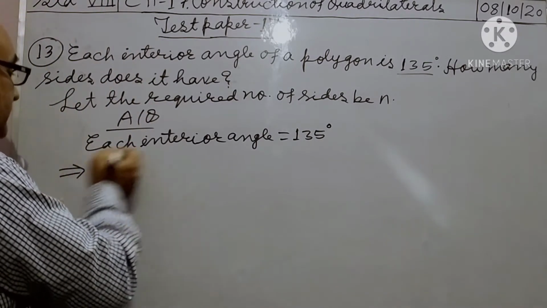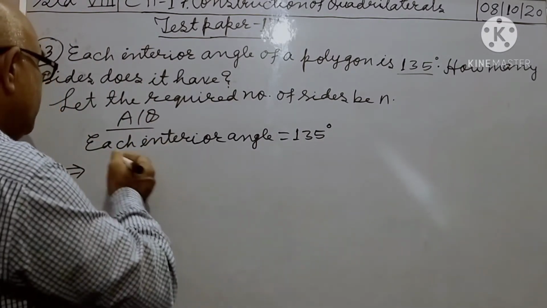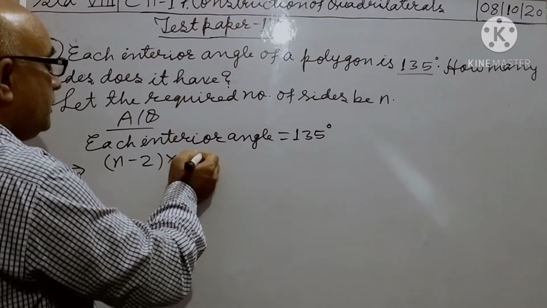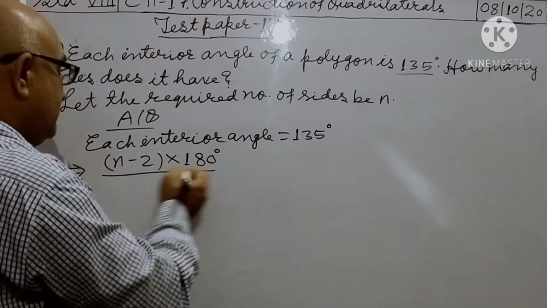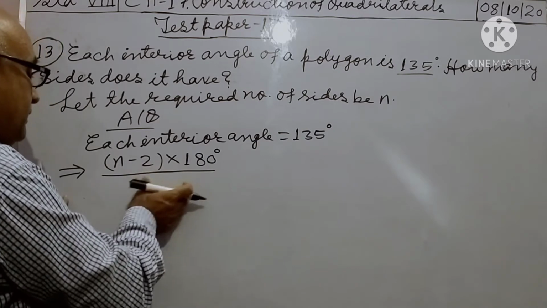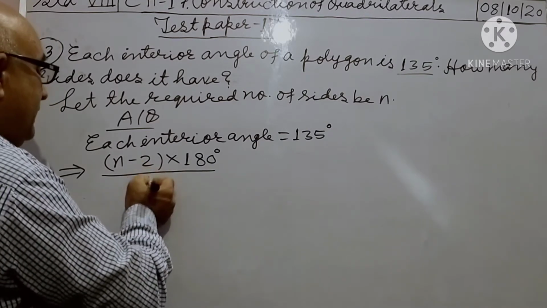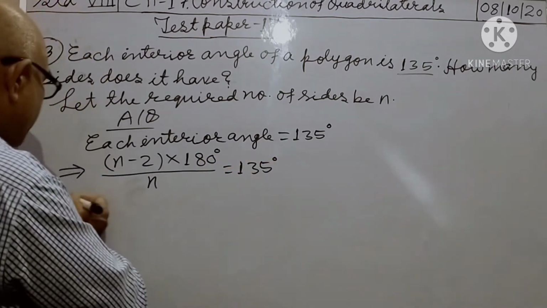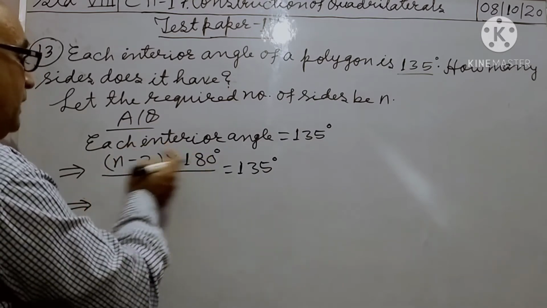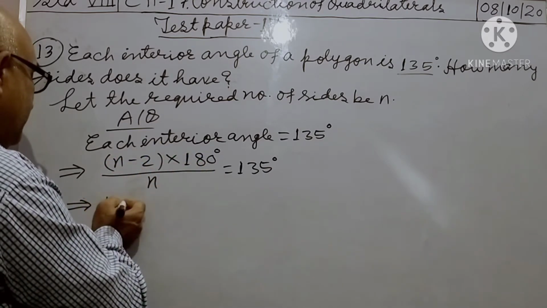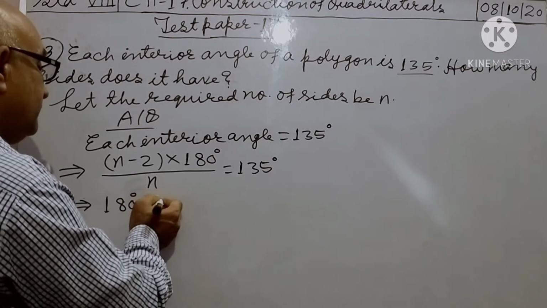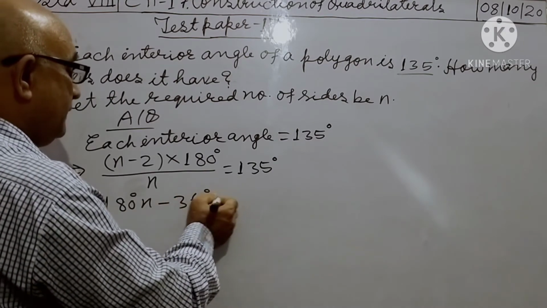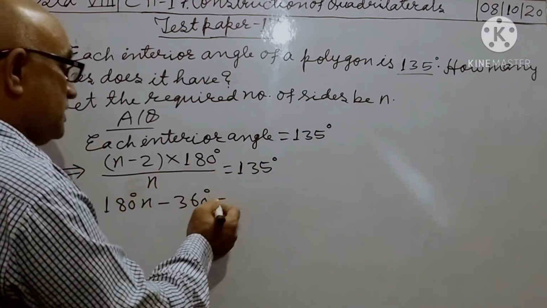That implies each interior angle of an n-sided polygon is n minus 2 into 180 degrees by n equals 135 degrees. By transposition, remove the bracket: n into 180 degrees, so 180 degrees n minus 2 into 180 degrees equals 360 degrees. n by transposition changes to multiply.